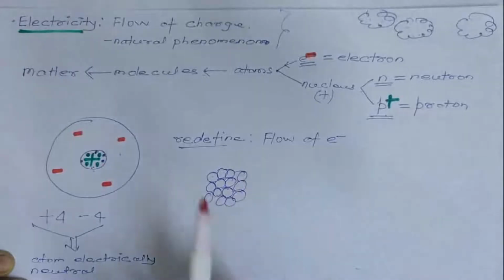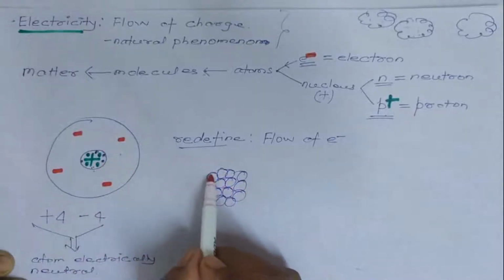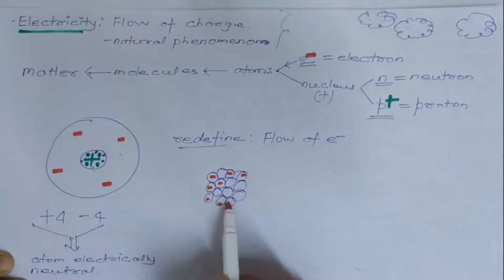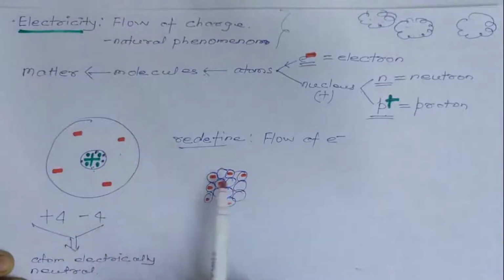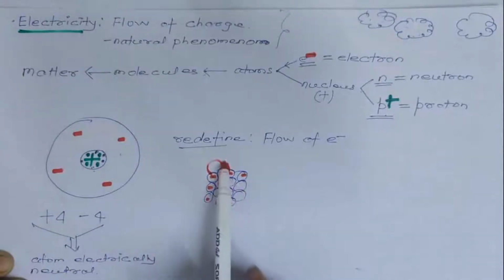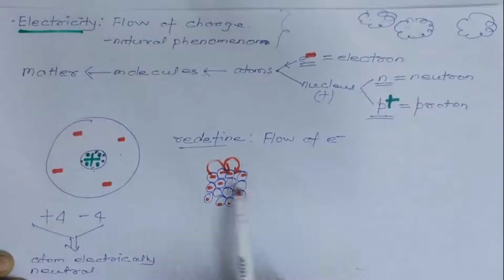Electrons are free to move. Electrons will be here, here, here, in every atom. They can move from this atom to this atom, from this atom to this atom. It will continuously happen.